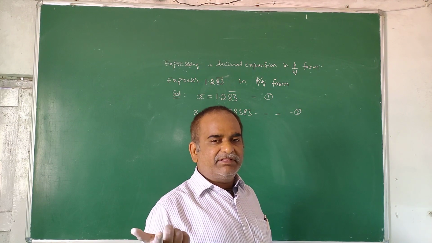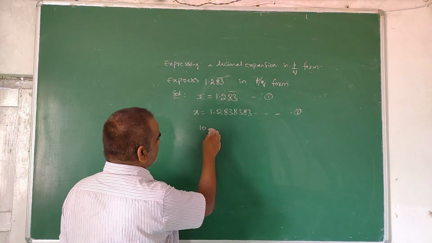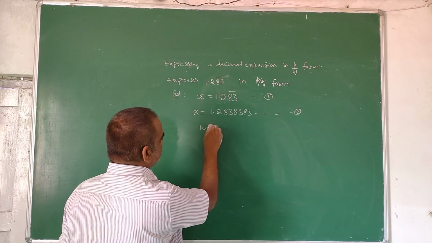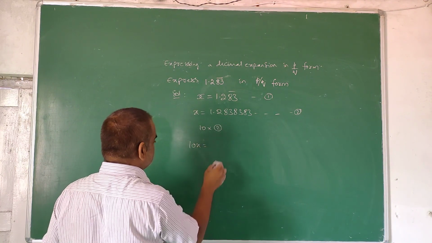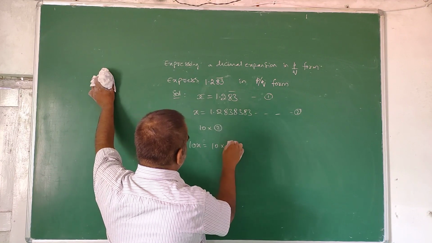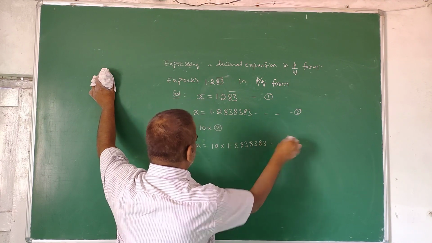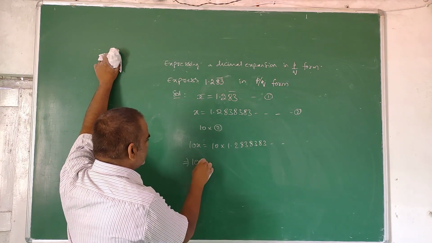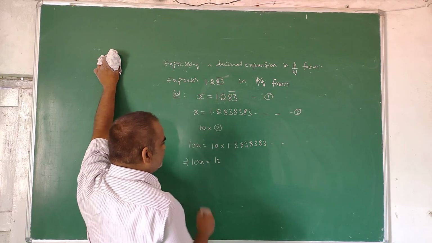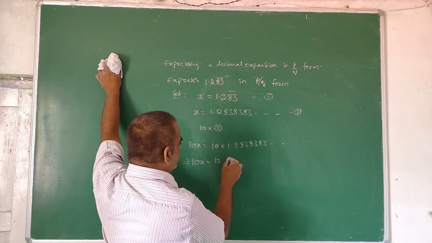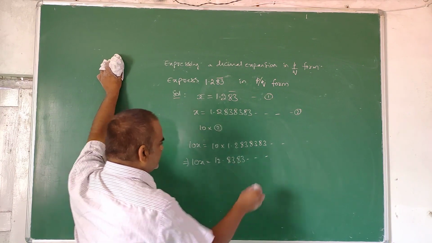So you get 10x is equal to 10 into 1.2838383 and so on. So this implies 10x is equal, as you are multiplying with 10, one digit will come towards the left side, so it is 12.838383 and so on. So this is equation 3.